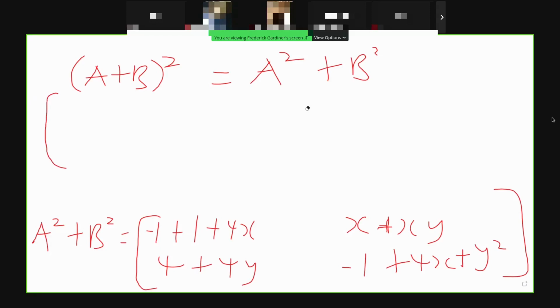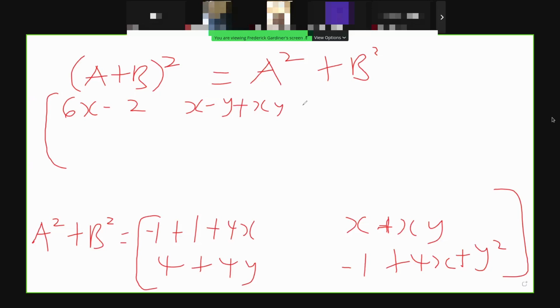First row, what's the first element in the first row? 6x minus 2. I had a second element in that row: x minus y plus xy minus 1.